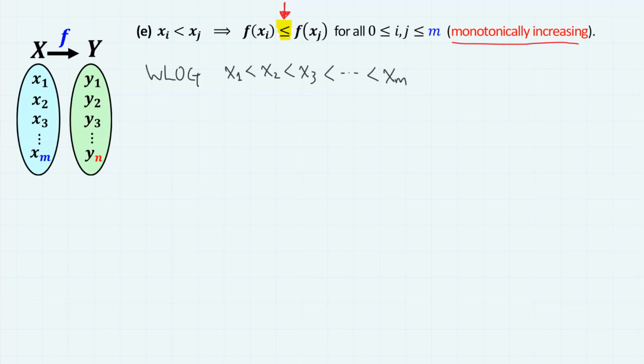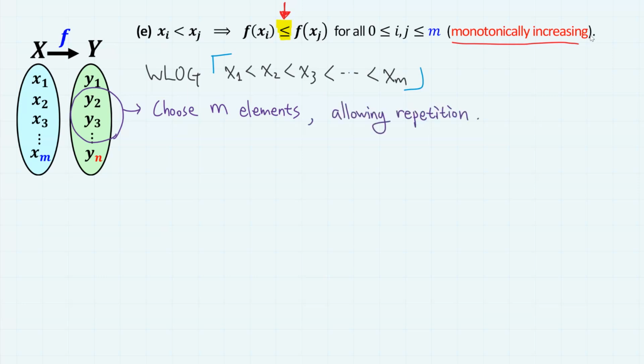Let's assume without loss of generality that the elements of X have this increasing order. And let's choose m elements from the codomain. But now we choose m elements allowing repetition. We can choose the same element multiple times.